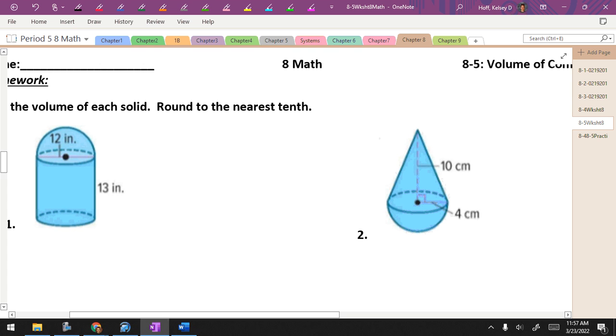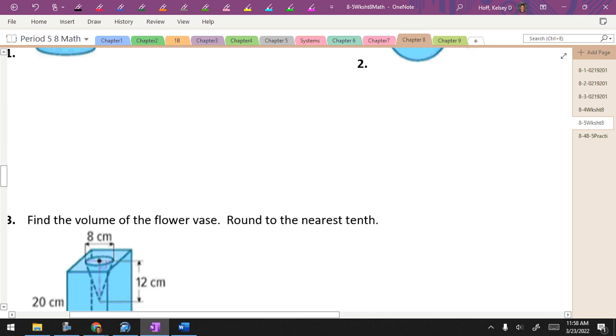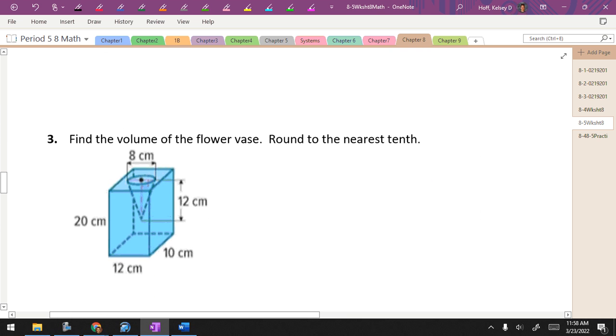Okay, however you need to draw it. Number 1, 12 is all the way across. On number 2, 4 is the center to the edge. On number 3, 8 is all the way across.